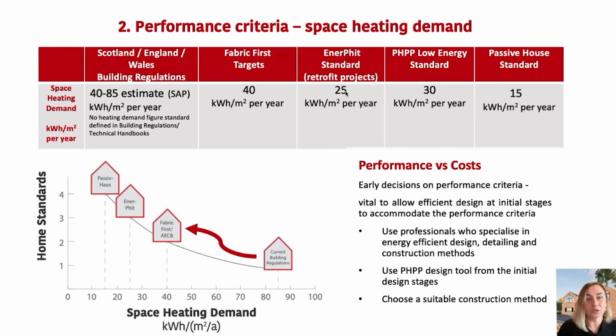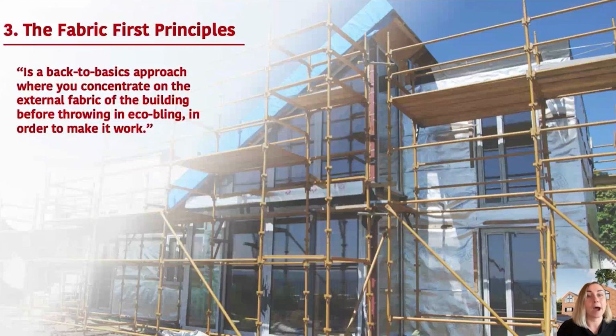So going into what the fabric first principles are, we have established that there are thermal performance standards that we could be designing to. Whether you wish to build to the passive house certified level, the fabric first approach, or now building regulation standard, all of these standards will use fabric first approach principles.